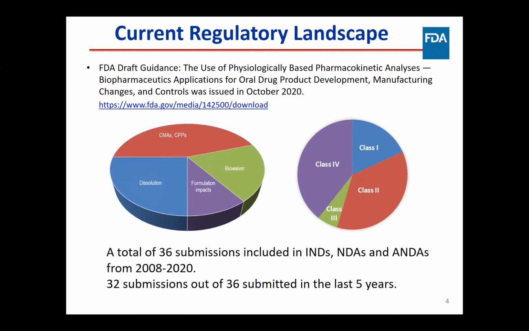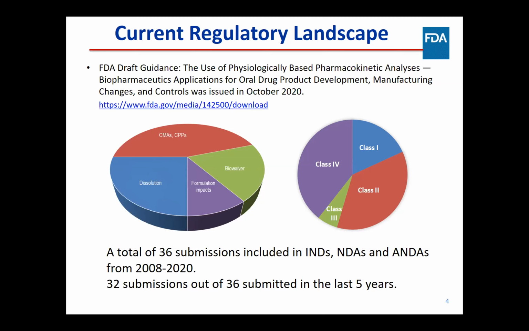This might include particle size specs, polymorphic form, or CPPs, followed by dissolution specifications. The third category is biowaiver requests, and lastly, to assess formulation-related impact, such as the impact of proton pump inhibitors on drug exposure. Shown on the right, the majority of applications belong to class 4 and 2 drugs, followed by class 1 and class 3 products.